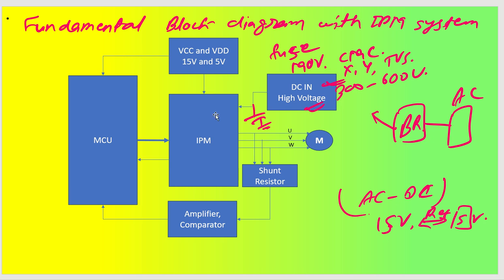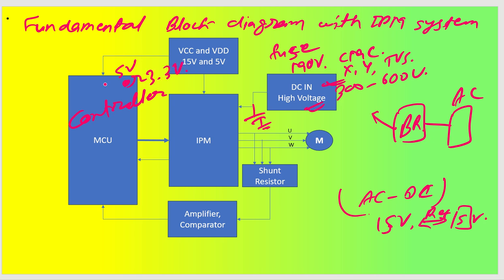The 15 volt will supply power to the IPM for other functionalities, and the 5 volt or 3.3 volt can be used for our MCU application, my digital controller. This controller side will take power from 5 volt or 3.3 volt, whatever logic level you want to use.